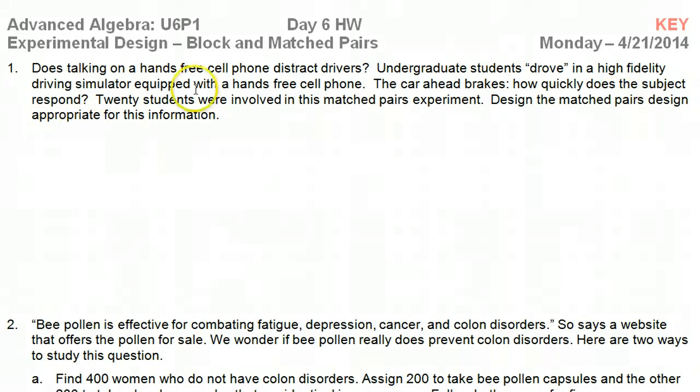Now, understand, based on what I described before, if it's a matched pair situation, then each subject is going to actually experience both treatments. So in this context, the hands-free cell phone is one treatment, and not having a hands-free cell phone will be the other treatment.